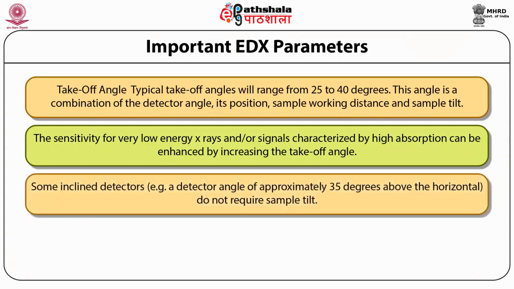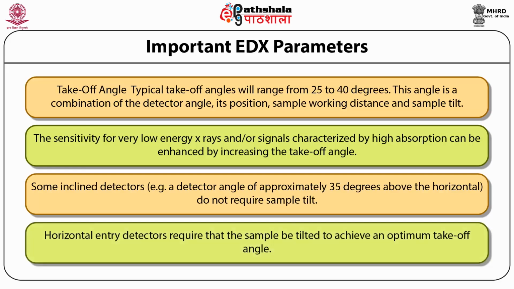Some inclined detectors, for example, a detector angle of approximately 35 degrees above the horizontal, do not require sample tilt. Horizontal detectors require that the sample be tilted to achieve an optimum takeoff angle.